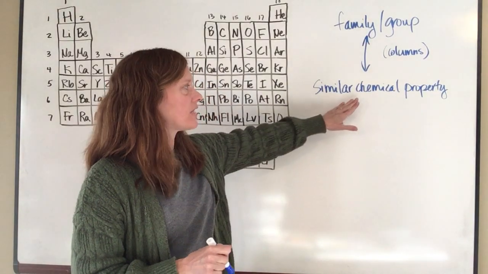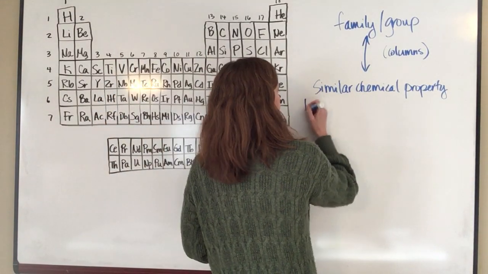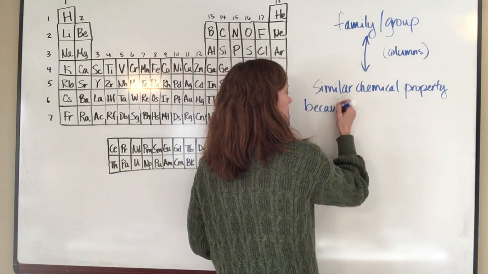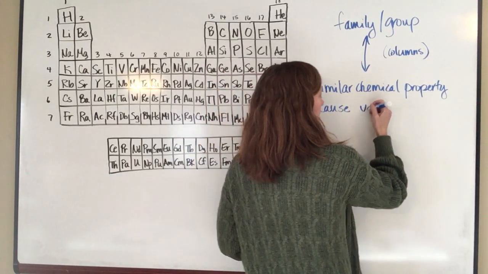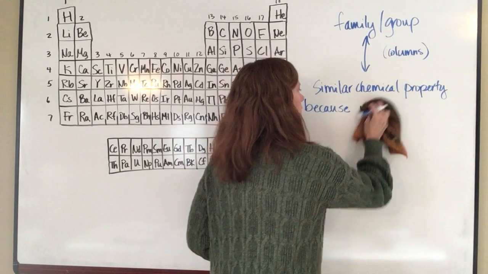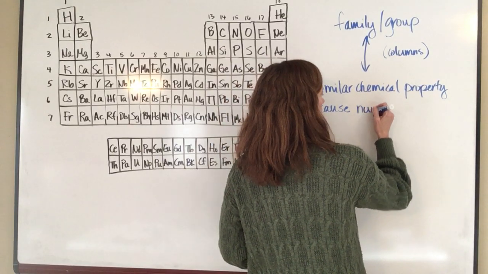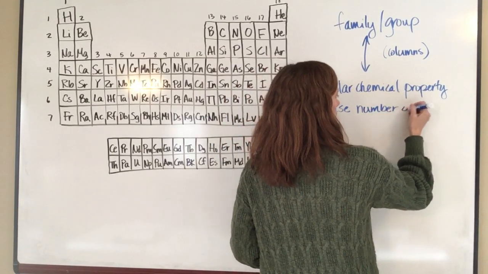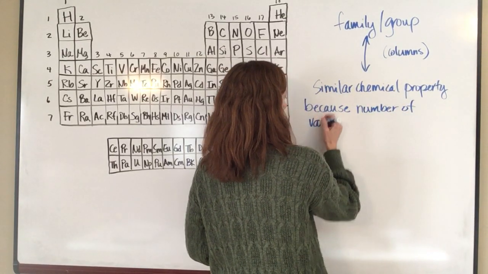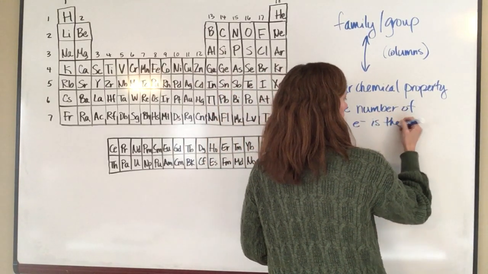And the reason that they have similar chemical properties is because the number of valence electrons they have is the same. Forgot to put the word number in there. Let's go back and fix that. Because the number of valence electrons is the same.